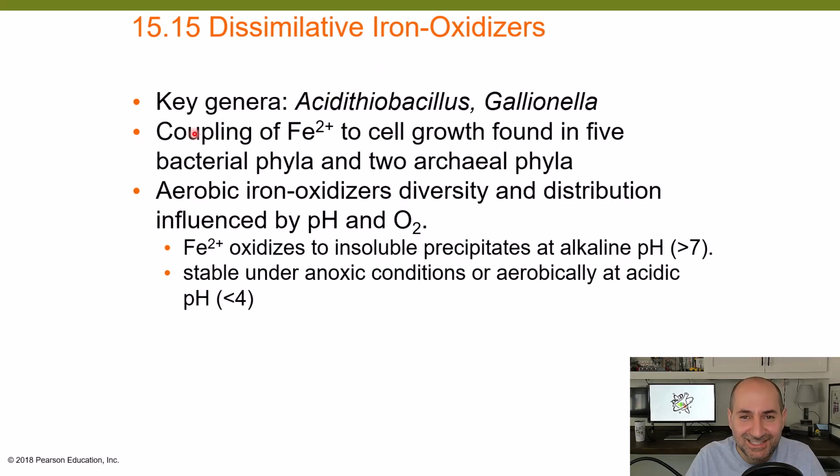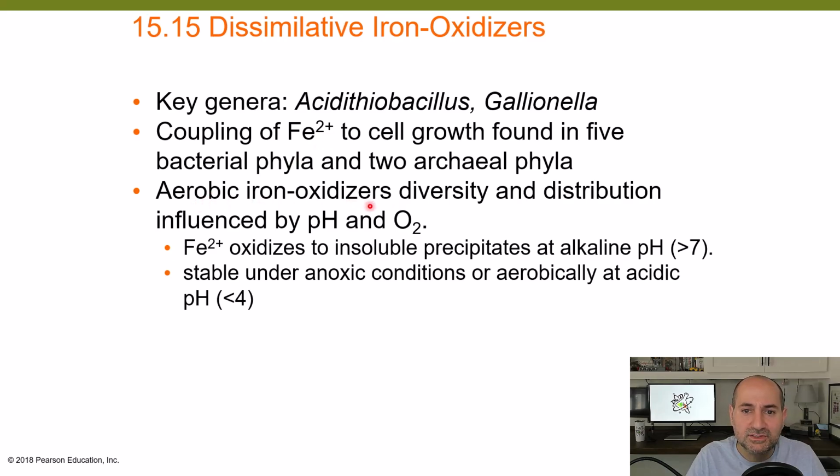These are iron eaters. So here are some key genera. They couple iron, Fe2+, to cell growth. They take electrons from iron, right? They eat iron as an electron source for the electron transport chain.